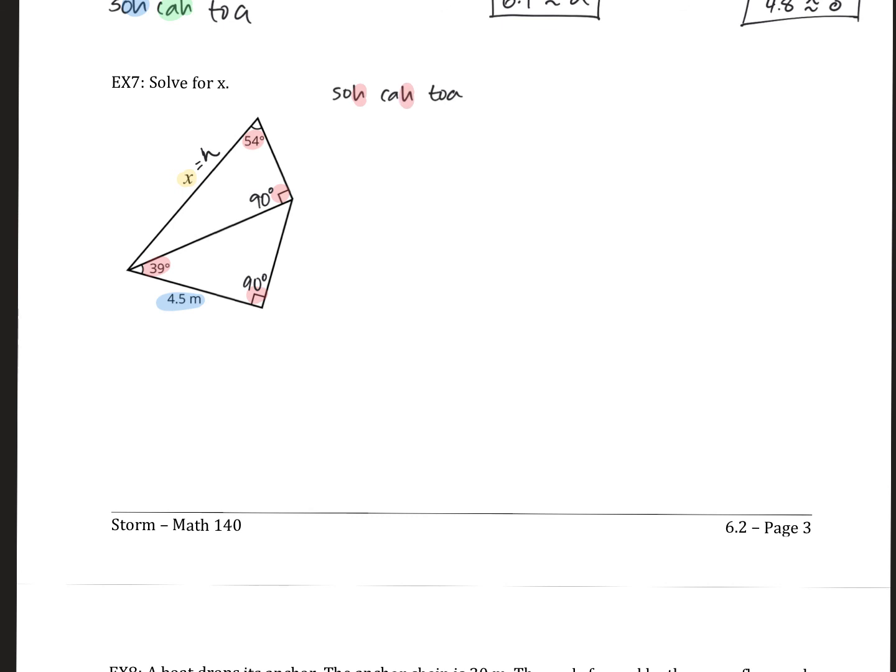If I was to use 54 degrees, I would need either the adjacent side or the opposite side to solve for hypotenuse. And I don't have either of those. So maybe I need to use something else that's given. And what else do I know that's given? I am given 4.5 and 39 degrees.